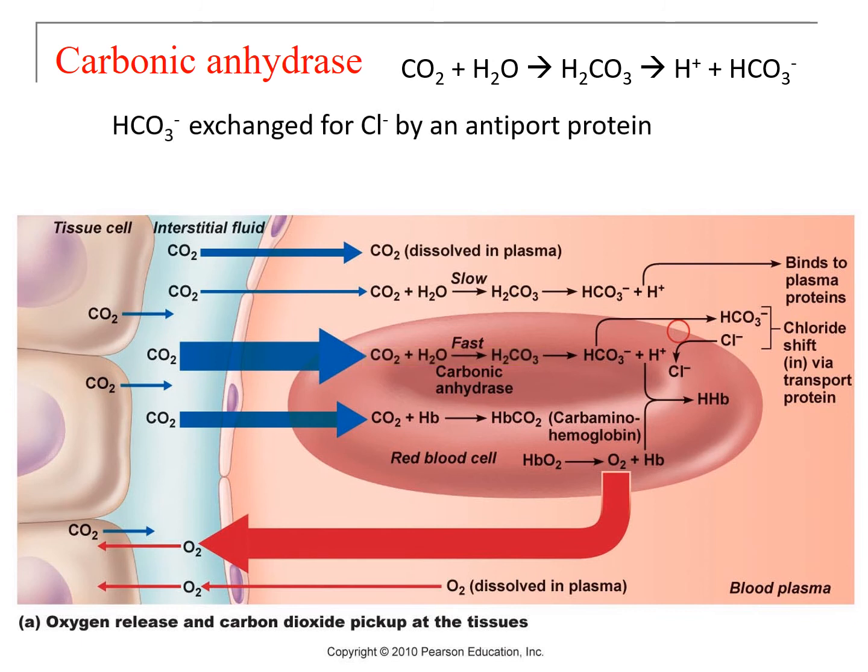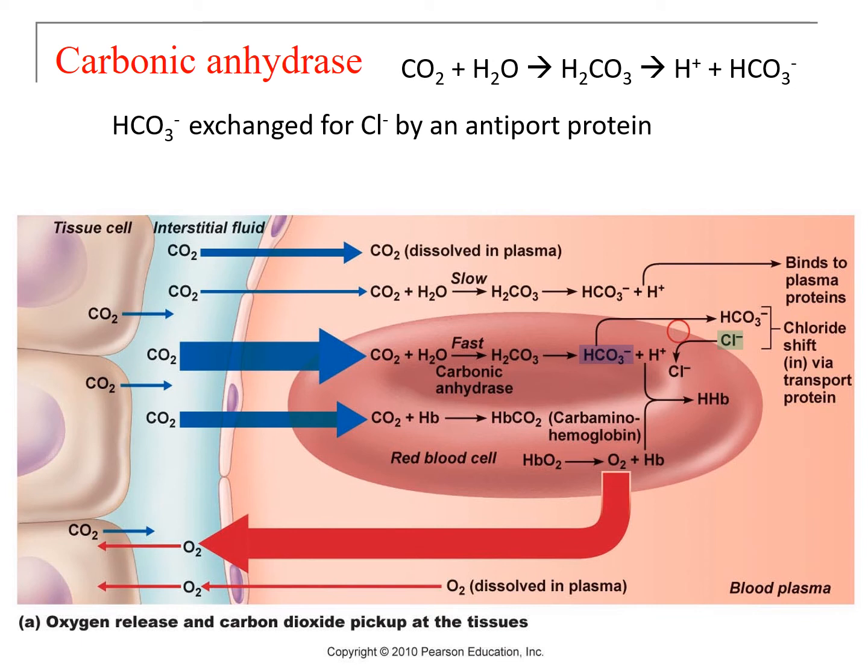So how does this bicarbonate ion actually make it out into the blood plasma? If you'll recall, I told you in an earlier slide that 78% of CO2 was carried in the blood plasma as the bicarbonate ion. So what happens?